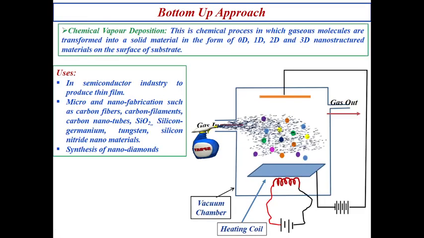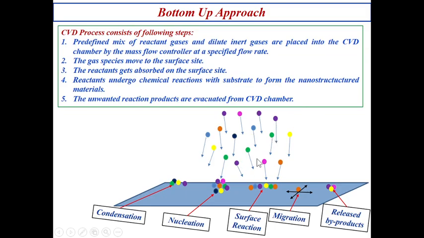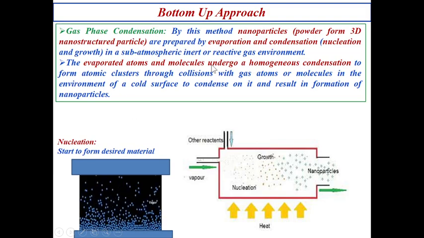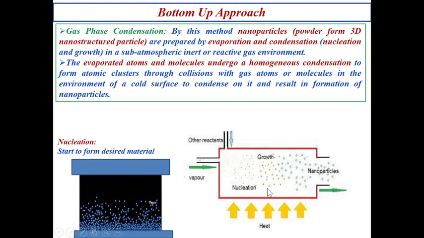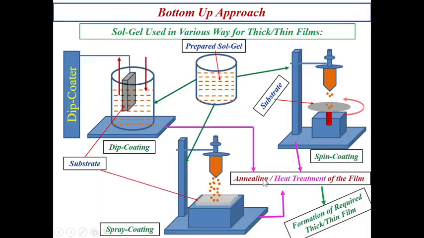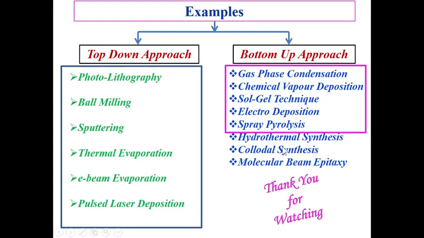Chemical vapor deposition also you have to write from here, and draw this figure and then this figure. For gas phase condensation, this much is enough to write, and you have to draw this figure. So write down the notes and be ready for the next class.